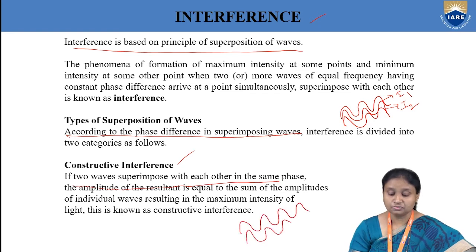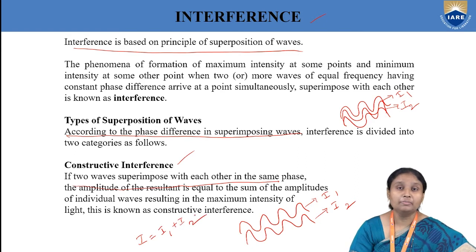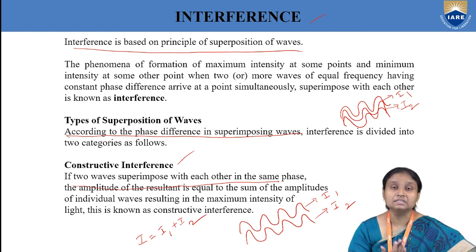If the crest due to one wave falls on the crest due to another wave, and the intensity of one wave is I1 and the intensity of the other wave is I2, then the resultant intensity is taken as the sum of intensities due to the individual waves. Resultant intensity will be increased and it will give rise to a bright fringe.